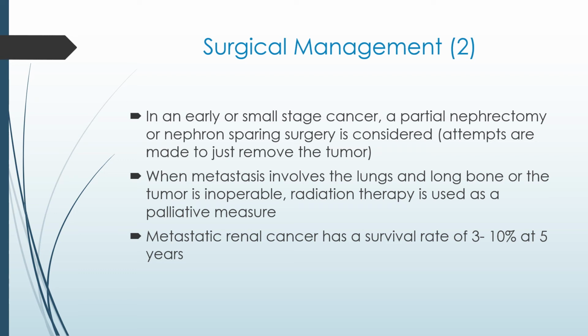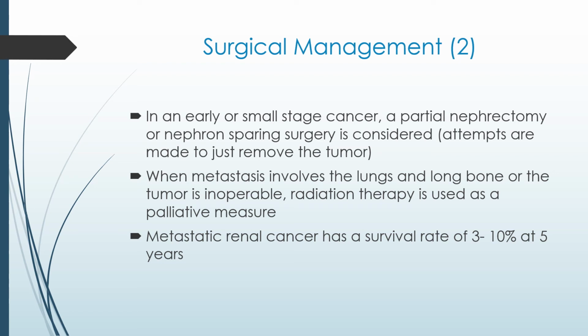In an early or small stage cancer, a partial nephrectomy or nephron-sparing surgery is considered. And this is where an attempt is made to just remove the tumor because remember, we want to preserve that nephron, right? Because that nephron is very important to urine production.